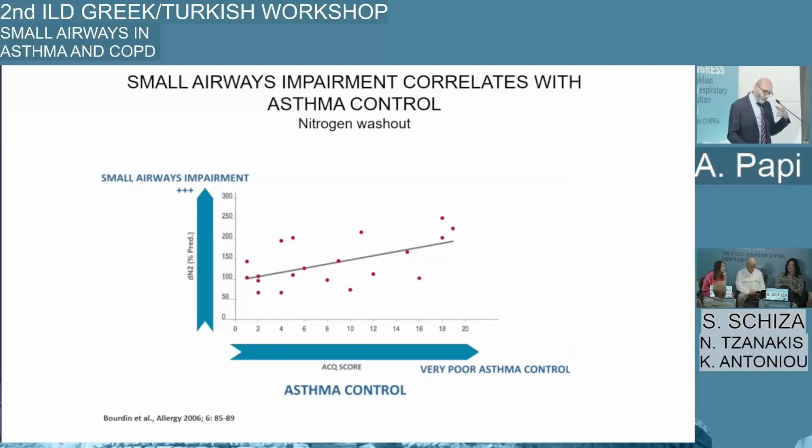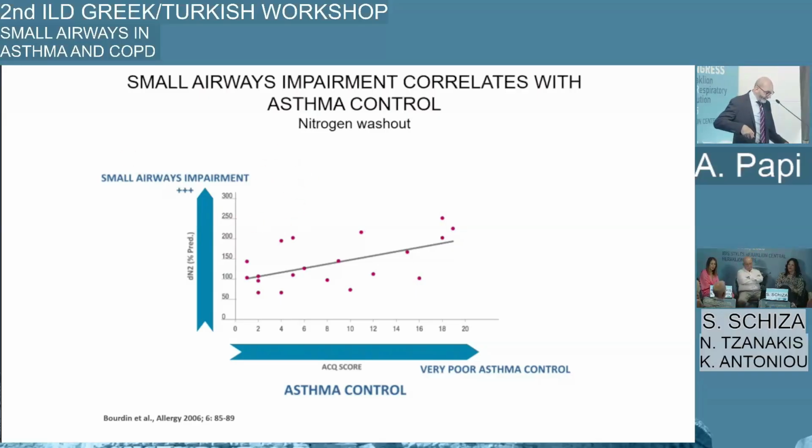Probably the most standardized and the one that more precisely assesses small airways, though difficult to do, is the nitrogen washout technique, which tells us mostly of the heterogeneity of the gas distribution in peripheral airways. And here we can see a relation with the clinical outcome.